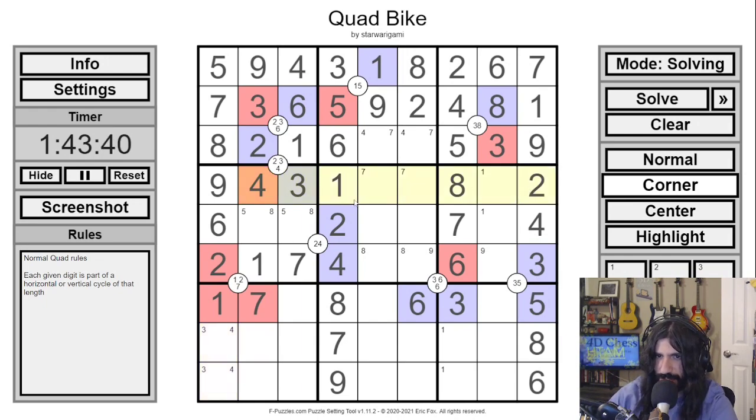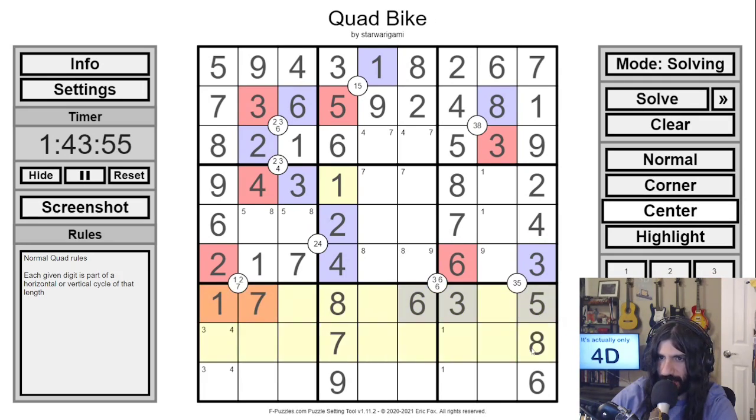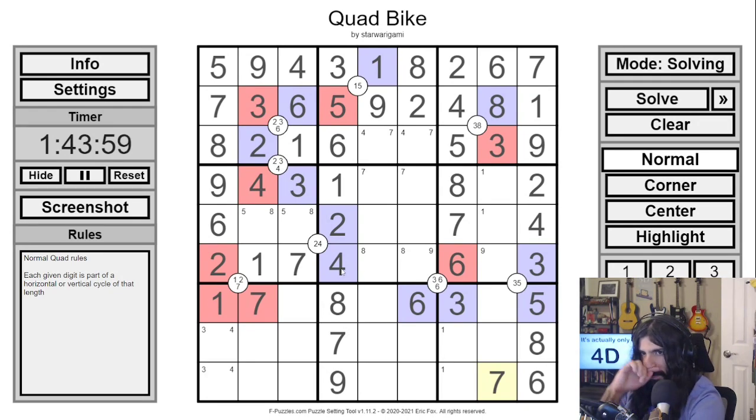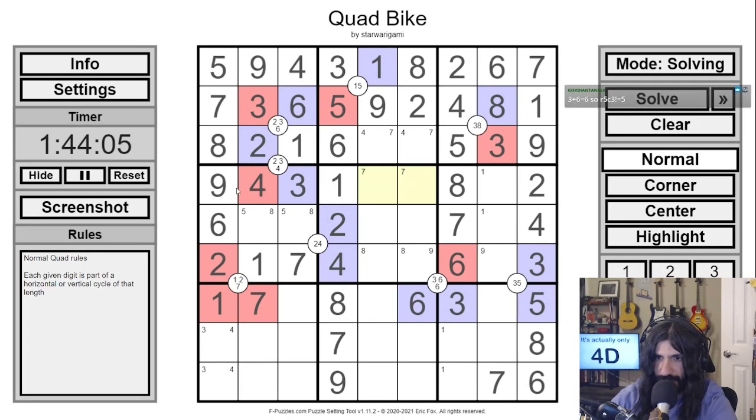What other cycles do we have here? I guess we don't really have any. What do we need in this? I think we can just do regular Sudoku probably. We got a bunch of 7s here. So this is just a 7. So we need something to break those. That's fine. What else do we need in this row, by the way?